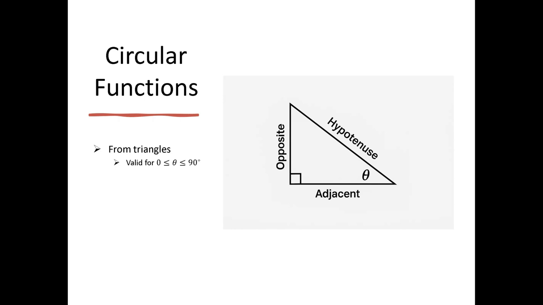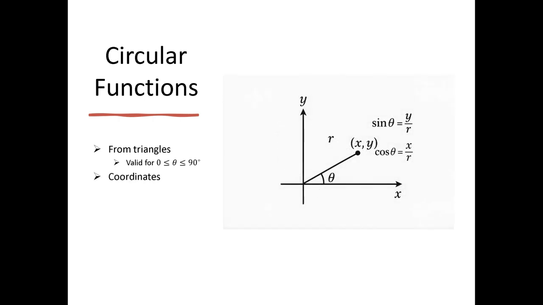The method in defining our trigonometric functions for those angles is via the coordinate system. In this method, the angle theta is described by a certain point. Here, we call that one x and y. Then, we measure the distance of this point to the origin. The trigonometric functions are essentially the relationship between the x, y coordinates and the distance r.